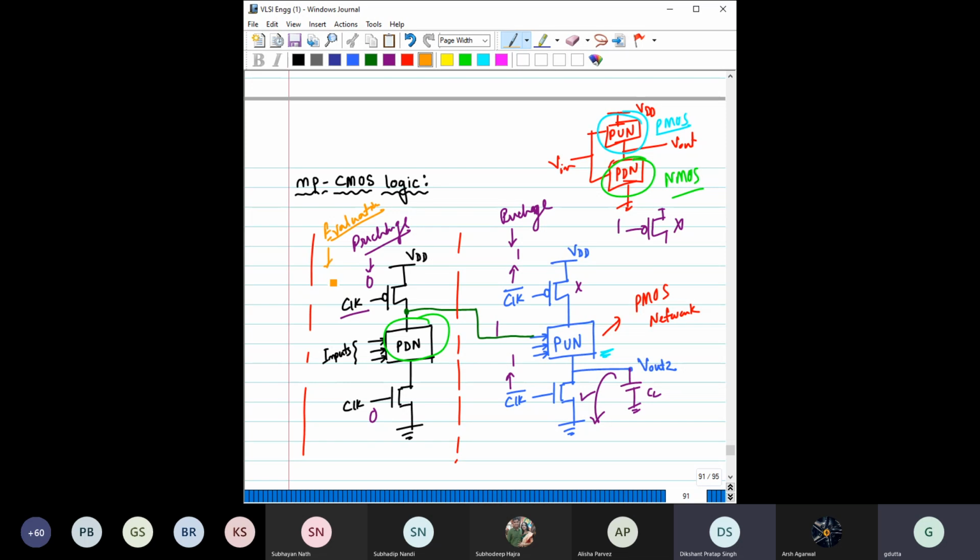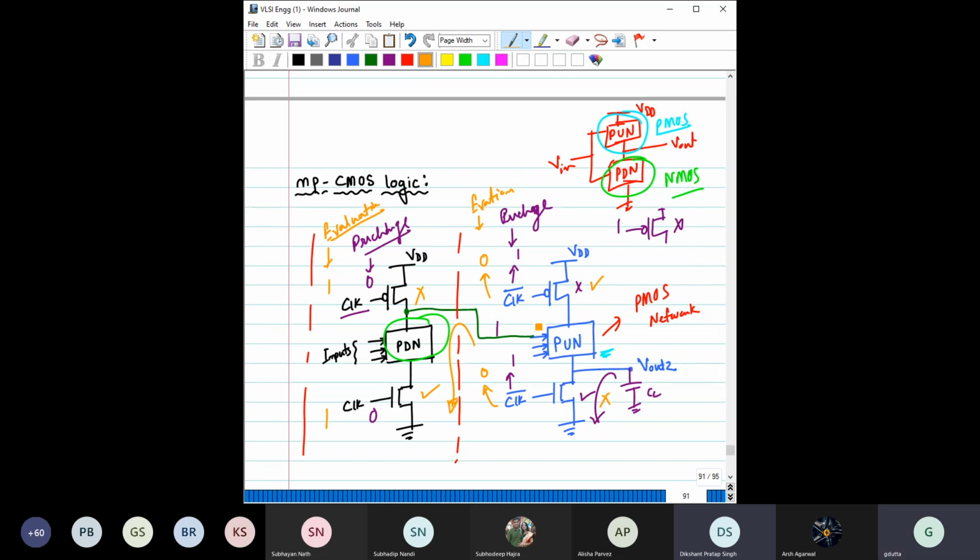In evaluation phase, you have applied 1 here, and 1 here. That makes this transistor off, this transistor on. Now in evaluation phase, this clock would become 0, this clock bar become 0, right? That makes this transistor on, this transistor off. Now depending on the inputs, here which was earlier 1, that can discharge, depending on these input values.